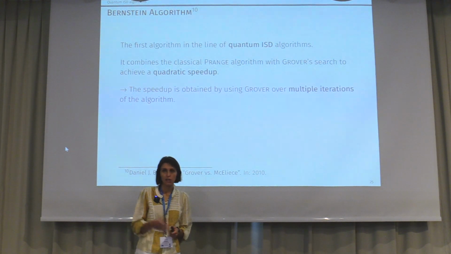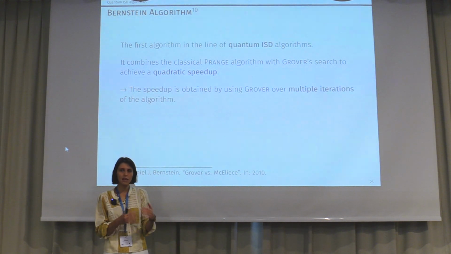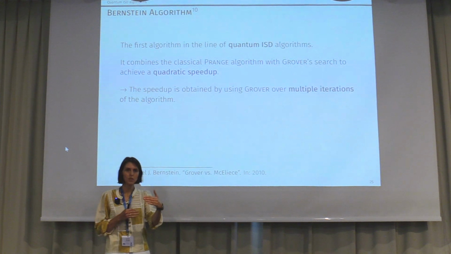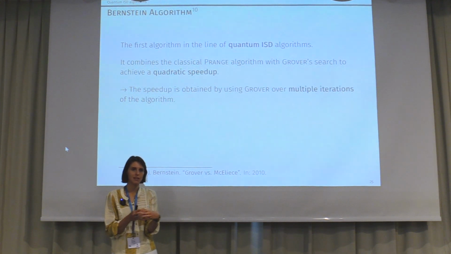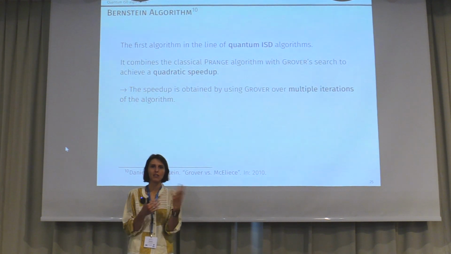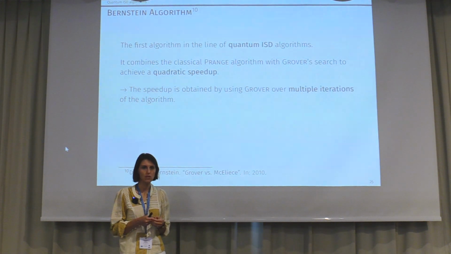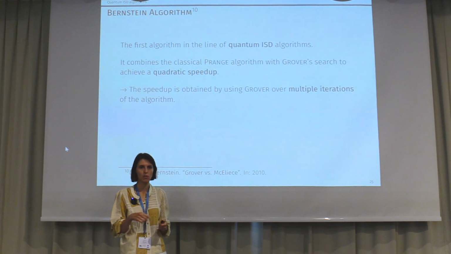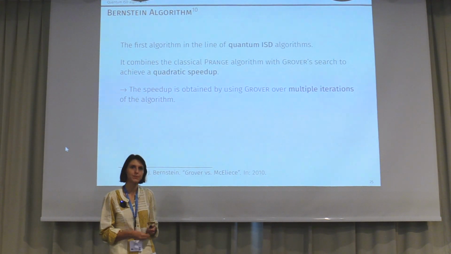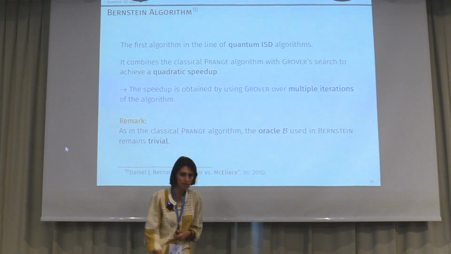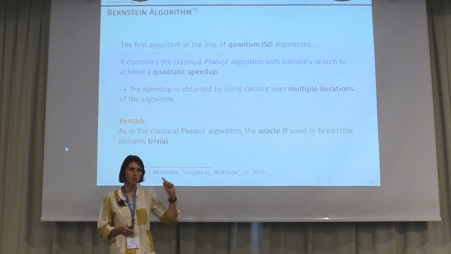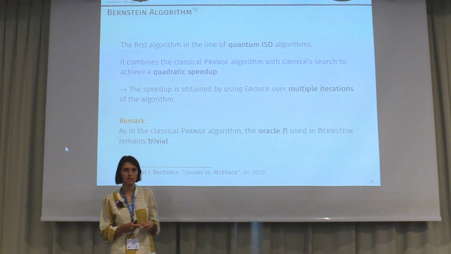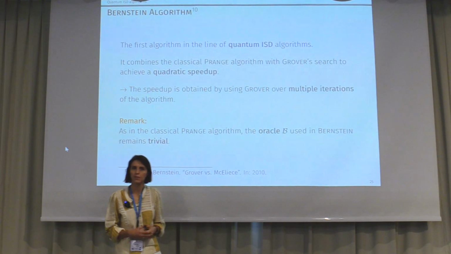As I mentioned, you view the full iteration of your algorithm as the output of some algorithm A, and what you try to improve is the number of iterations that you need to run. In this case, it's going to be 1 over square root of P1 times P2. And as in the case of the Prange algorithm, the oracle B in this case is trivial. It does nothing.